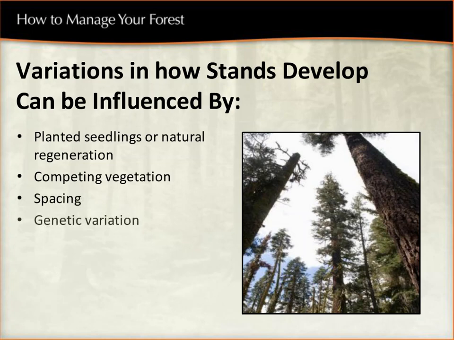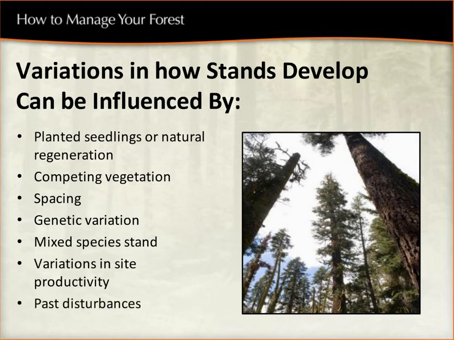If there are multiple tree species or single species in the stand. If there are variations in site productivity. And past disturbances from fire, wind, logging, and insects and diseases. These factors can shape and influence stand development and can result in a myriad of growth and forest development patterns.